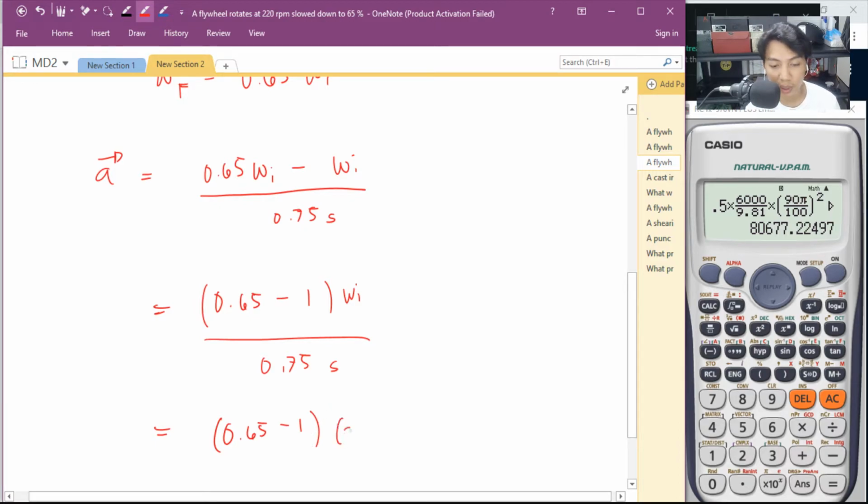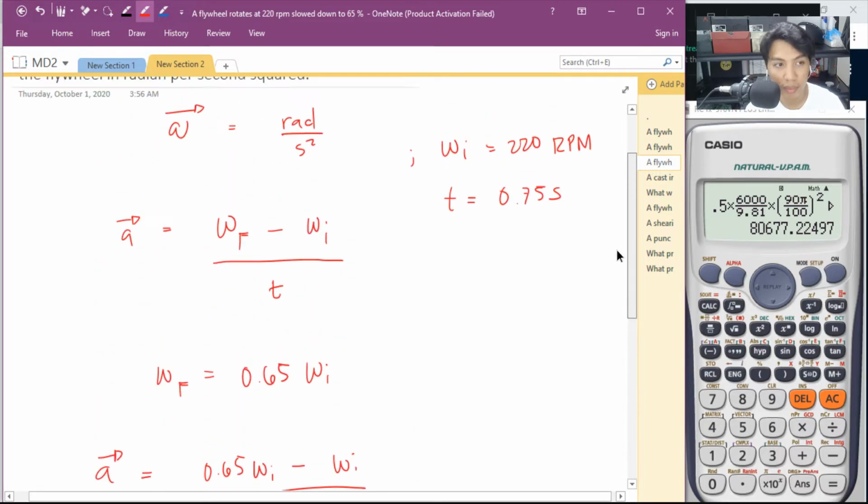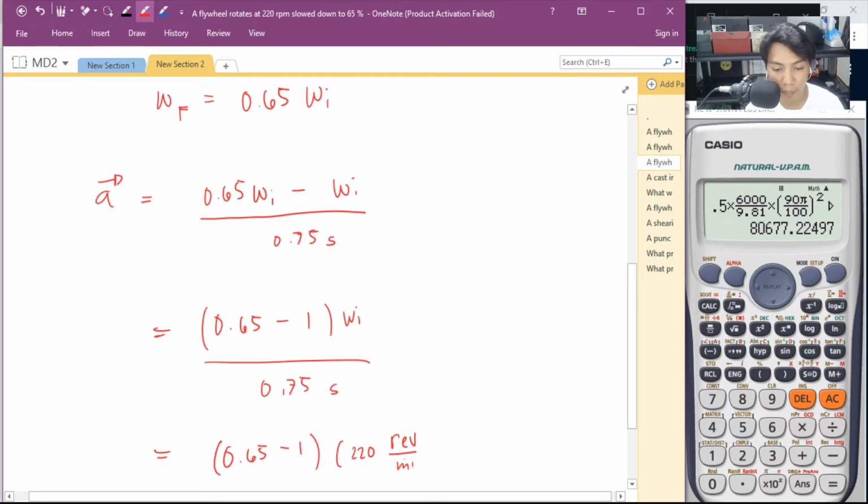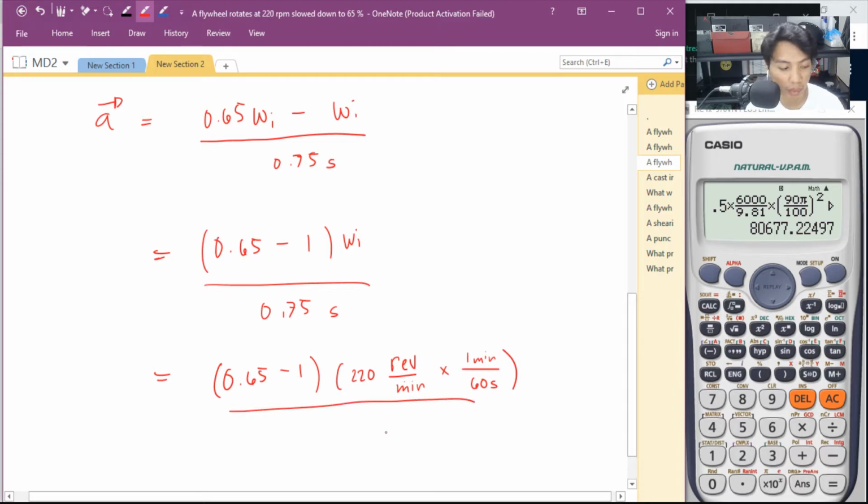So, 220 revolutions per minute ba yan? Ayun, revolutions per minute. Times 1 minute in every 60 seconds. Divided by 0.75. Kaya lang naka-revolutions pa rin siya.